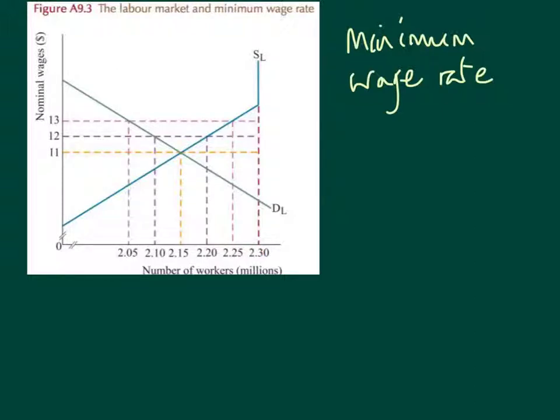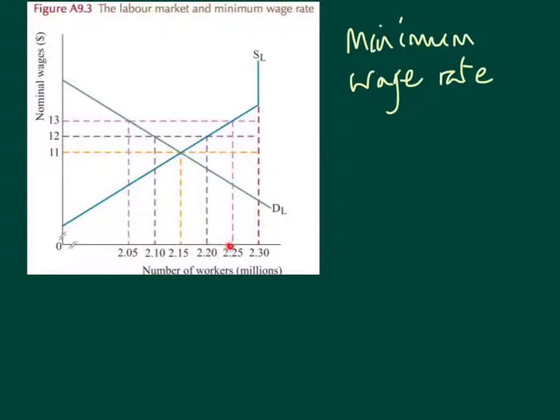Now, if you look at the situation where the minimum wage rate has been increased by the government from $12 to $13, we can see that the surplus of labour, the involuntary unemployment, has doubled. All the way between 2.05 and 2.25.